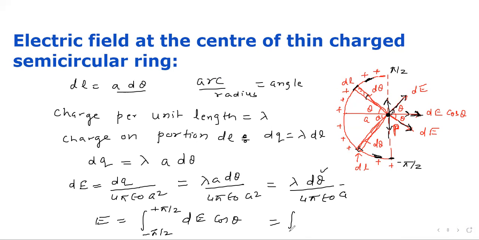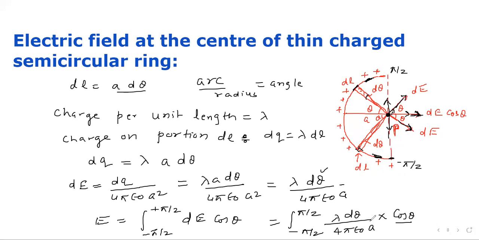So we get minus pi by 2 to plus pi by 2 lambda d theta divided by 4 pi epsilon naught a times cos theta. Now, integration of cos theta will give sin theta.